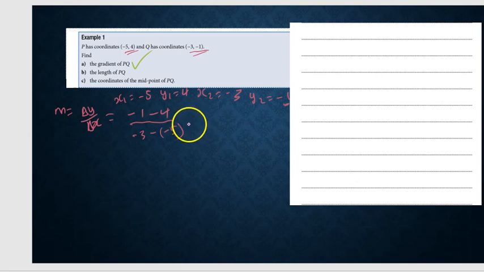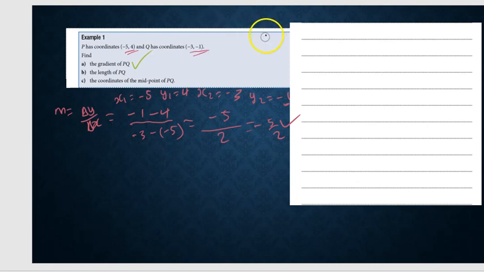So what is -1 minus 4? -5. So we have -5 over -3 plus 5. So that is simply -5/2. And what is the gradient? Simply -5/2. So -5/2 is the gradient that we are looking for.